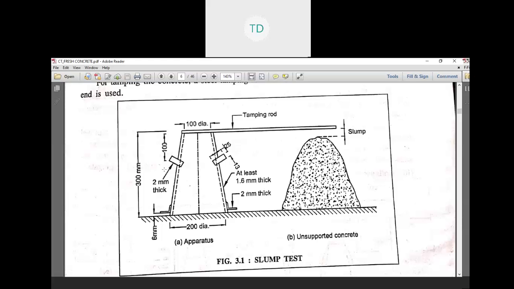Then the concrete behaves like this, and the difference between the top of the cone and the collapsed concrete distance is called slump, and that is the measurement we take.